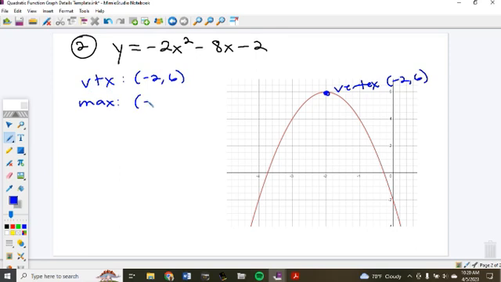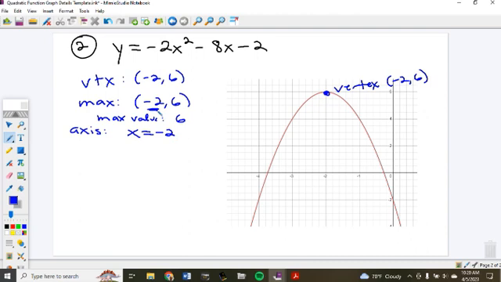The maximum happens there at negative 2, 6. Or the maximum value, we would say, happens at positive 6. All right? We also know the axis of symmetry. The axis of symmetry will be x equals negative 2, the x-coordinate of our vertex, or our maximum.